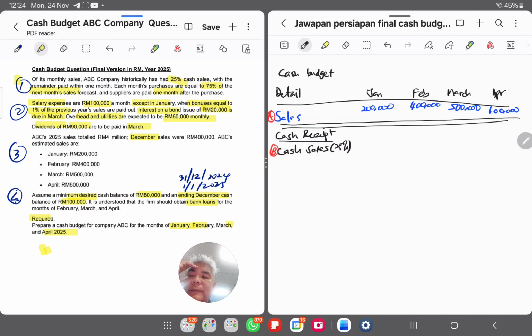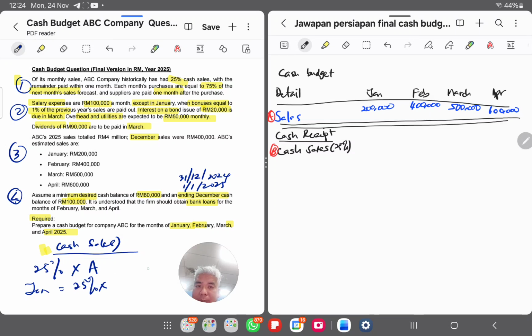So cash sale is 25% times A. For January, it is 25% times 200,000.